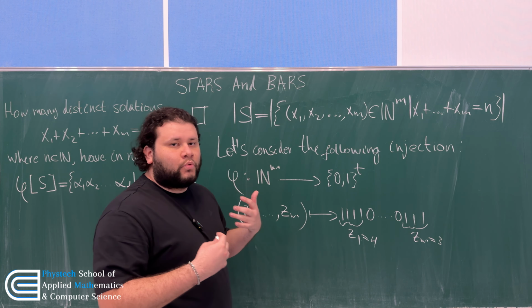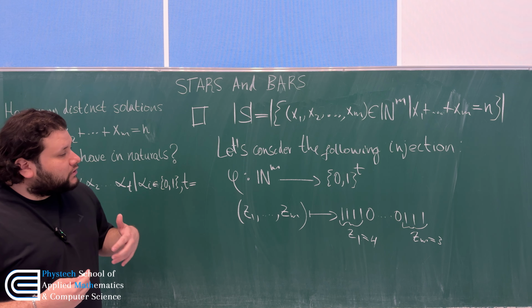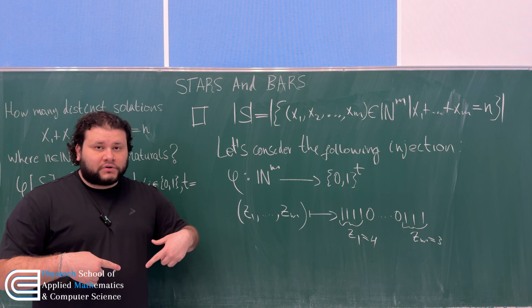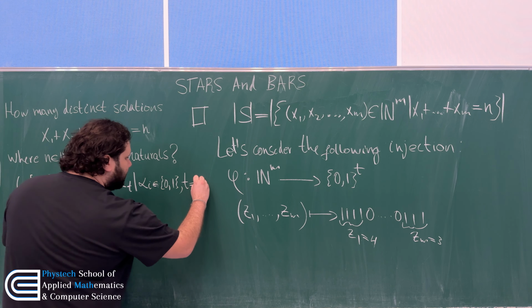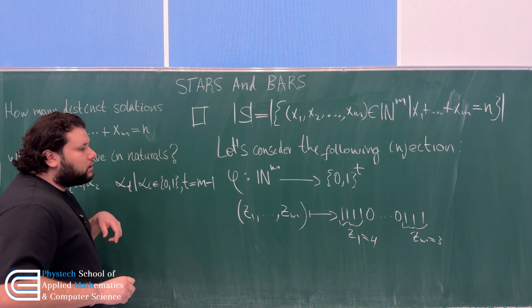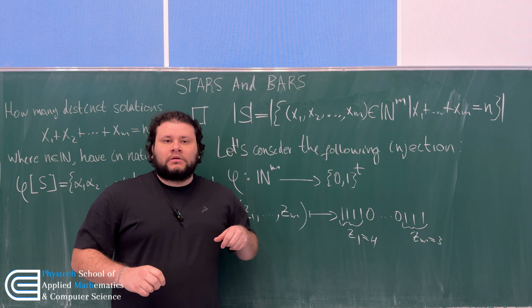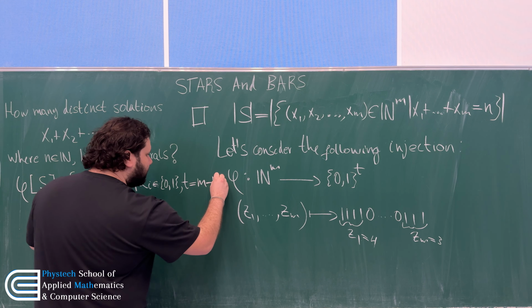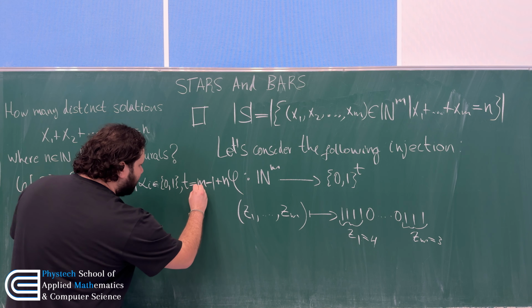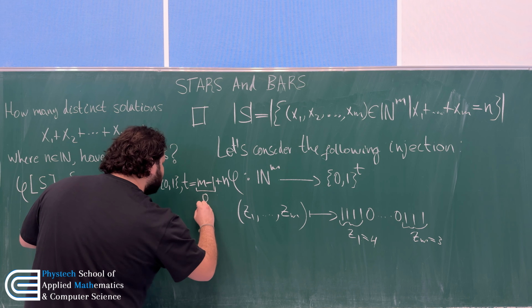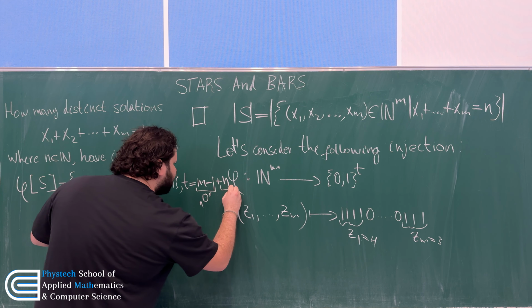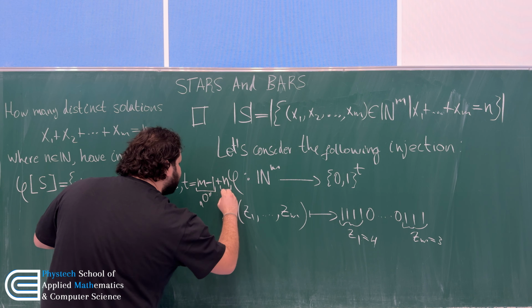And how many do we have? We are going to have n minus 1 zeros plus n ones. So t is n minus 1 plus n. This is for the zeros, and this is for the number of ones that we have.